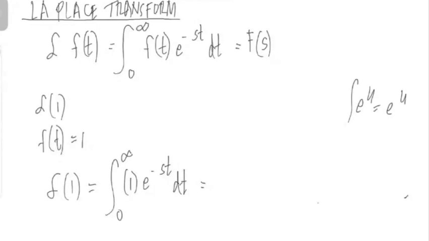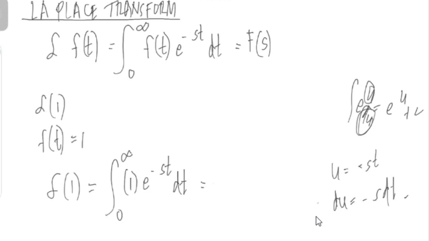The integral of e to the u is e to the u plus c, provided that du is the exact derivative of that one. Tingnan natin dito. Ang u natin dito is equal to negative st. Pagka kinuha natin yung first derivative, negative s dt. Wala naman tayong negative s dun. So, multiply natin ang negative s, divide natin ang negative s. Neutralizing factor.